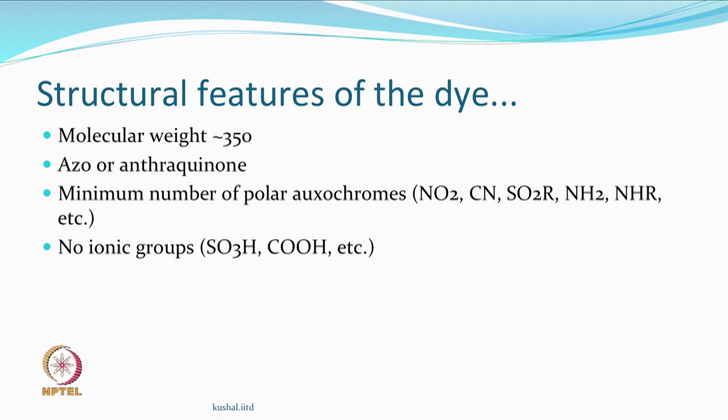They could be azo or anthraquinone, which the disperse dyes obviously are made of. One important thing, as an auxochrome requirement, is they should have a minimum number of polar groups. So, polarity has to be less, non-polarity is better. Okay. So, minimum number of polar auxochromes, some are required because you have to give some shade, right, and no ionic group. Fortunately, disperse dyes do not have ionic group.